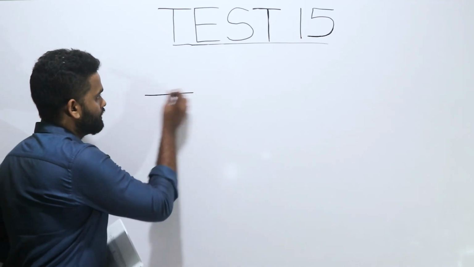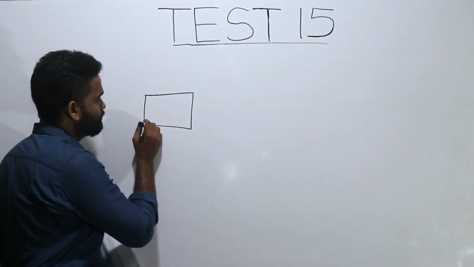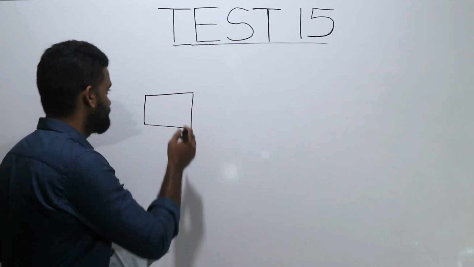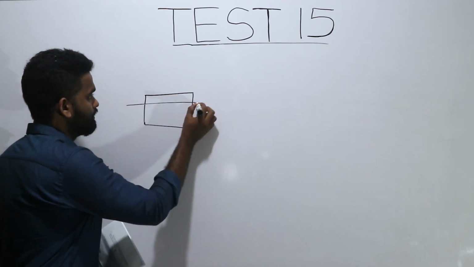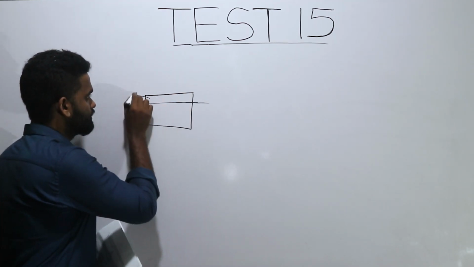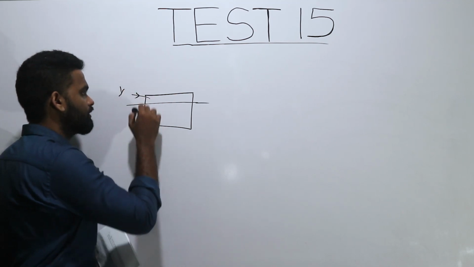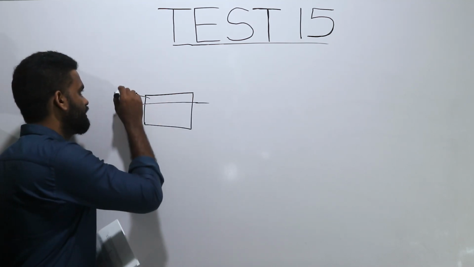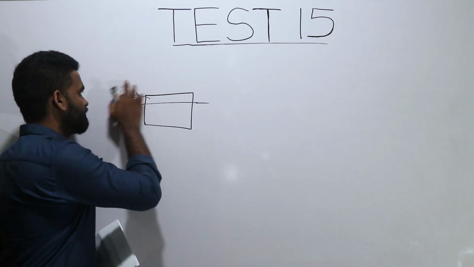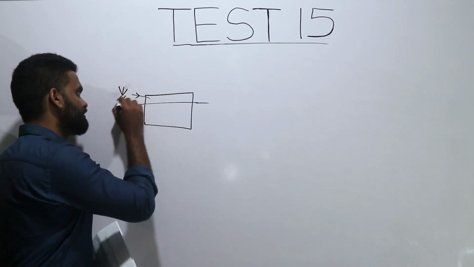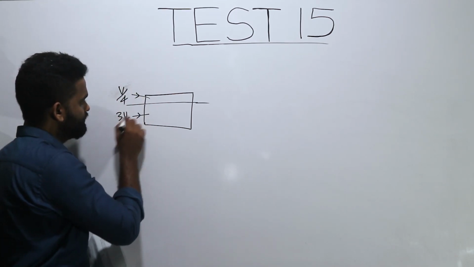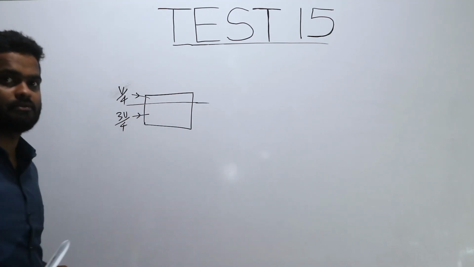So here we have just this box, capital M. Let's say the total volume of this is capital V. So 1/4 of that volume is above, so the immersed amount is 3V/4.